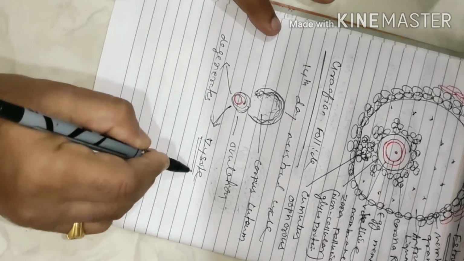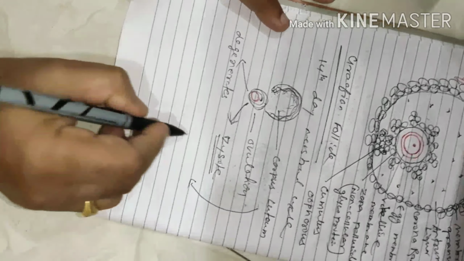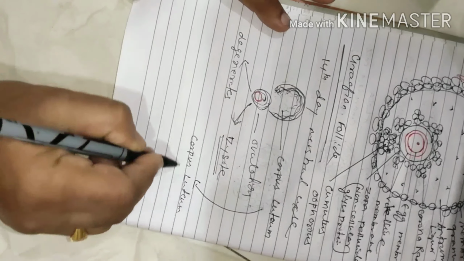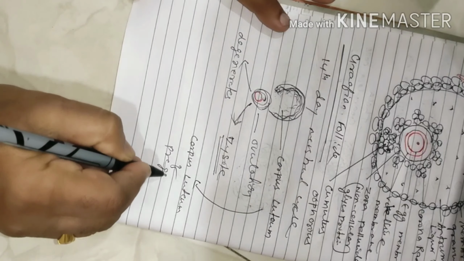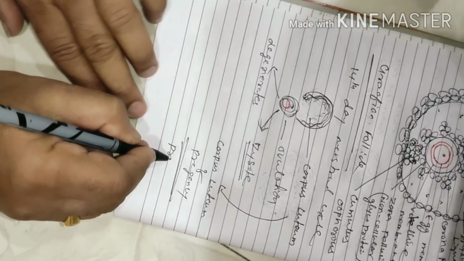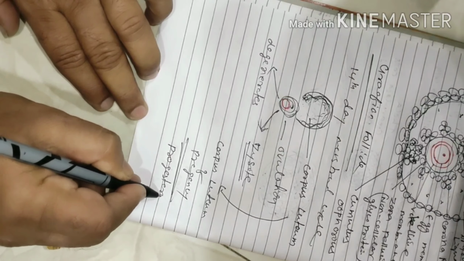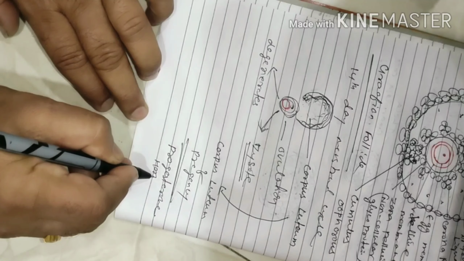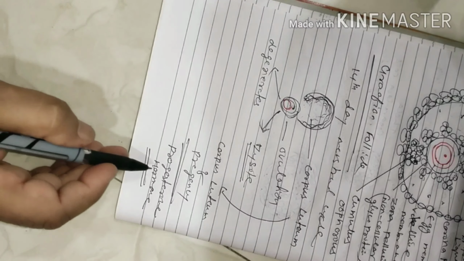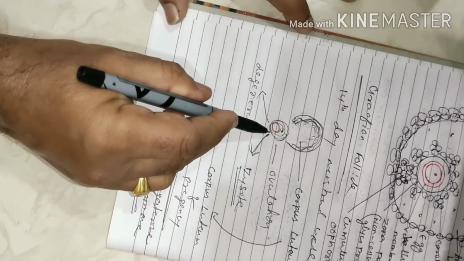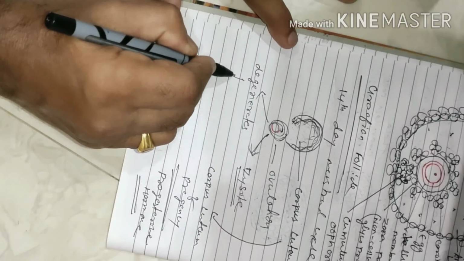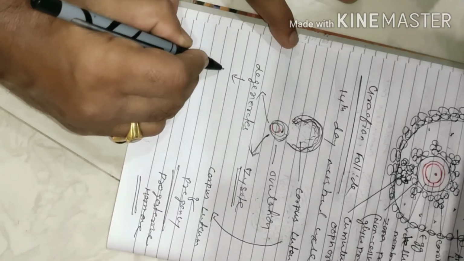If a zygote is formed, the corpus luteum of pregnancy is formed, which produces the progesterone hormone, otherwise called the pregnancy hormone. If the egg is not fertilized, the egg degenerates and the corpus luteum also degenerates.